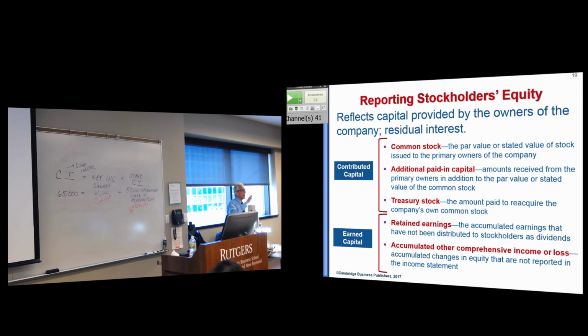So other comprehensive income are changes in wealth that are unrealized. Unrealized changes in wealth. So in other words, just look at it this way. What would you report on your tax return? 60,000. You wouldn't report 65, but yet you did pretty well this year. Your wealth went up by another 5,000. Right? So you wouldn't really report that.